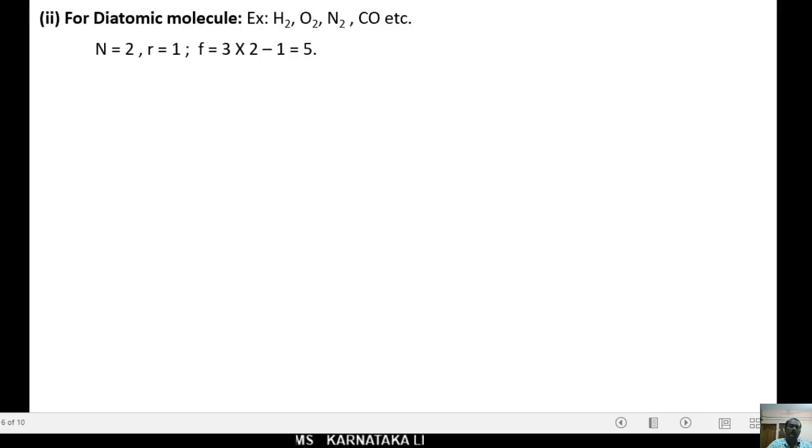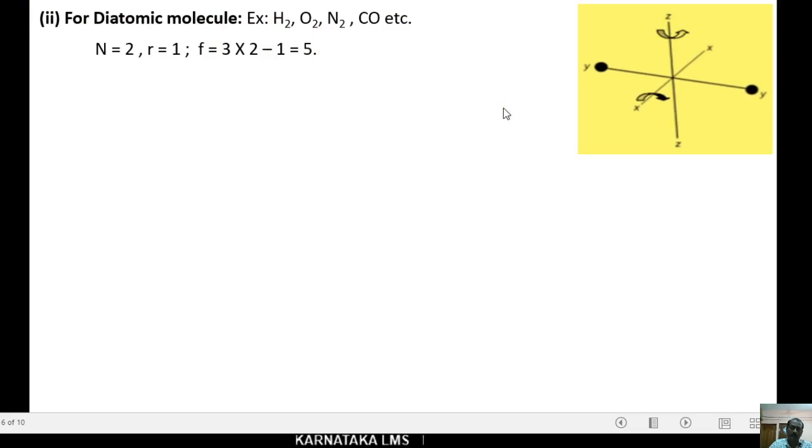Let us see for diatomic molecule. Diatomic means 2. Examples are hydrogen, oxygen, nitrogen and carbon monoxide, etc. In this case N is 2. Here for a diatomic molecule, it acquires a dumbbell shape like this.